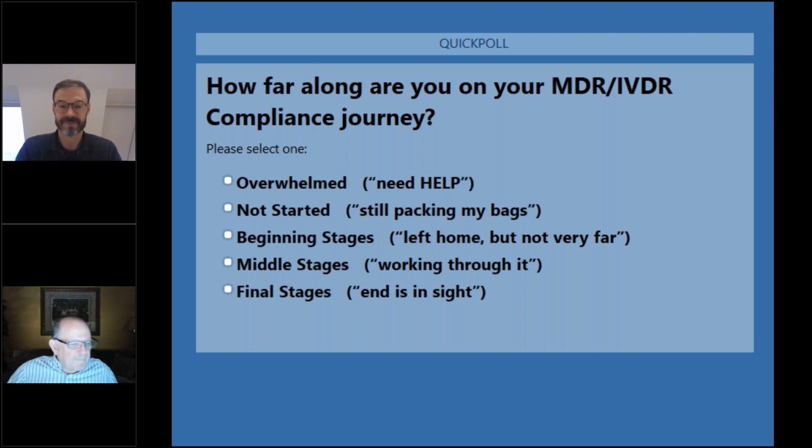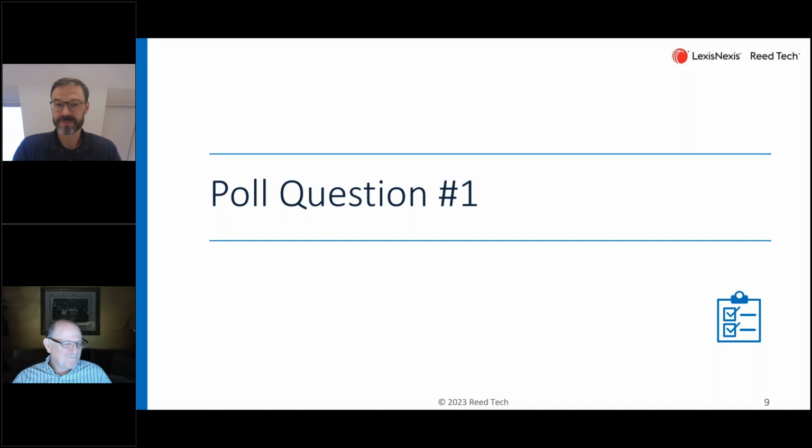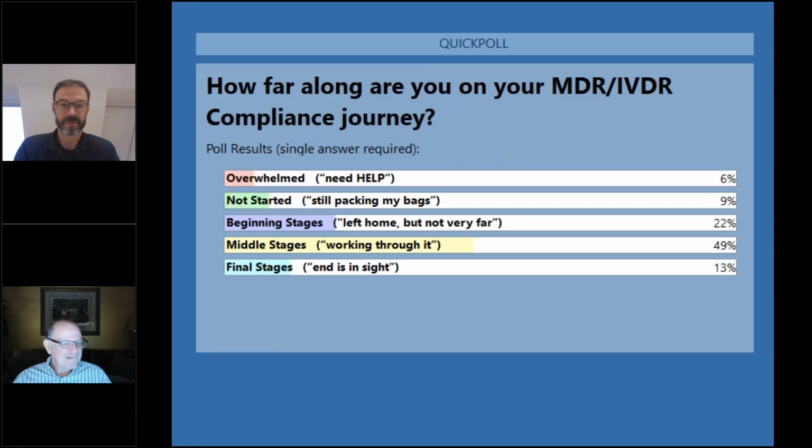If you guys select not even started, that would be a little bit concerning, but there's about 9% of folks that still haven't started. Okay. All right. Well, this will be really good for those people. Yes. So I'm going to go ahead and close the poll and share the results. There are a few of us that are overwhelmed and need help. Oh, okay.